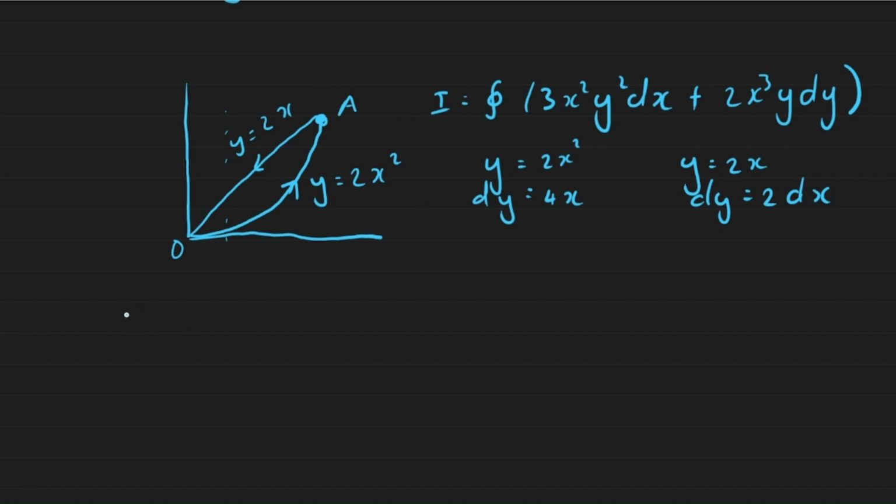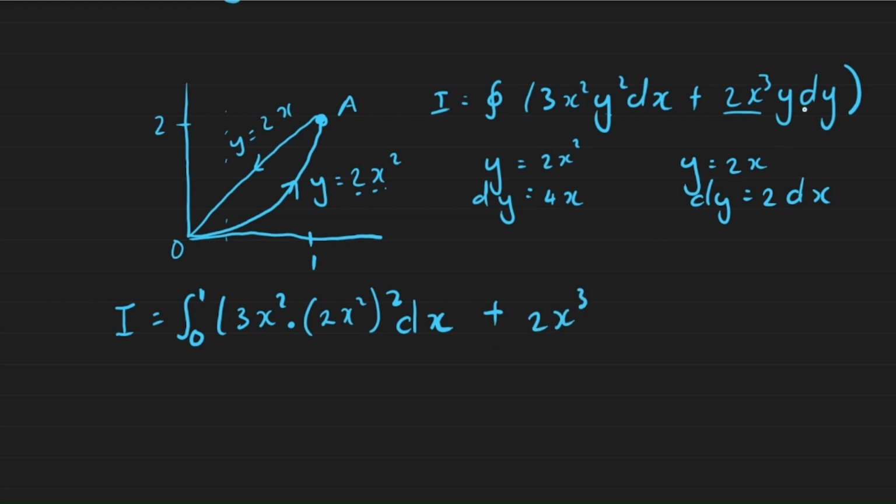So let's do that. So the line integral would be from initially, well, A is the point, let's just say 0 to 1. And of course, the y value is 2. So we'll integrate from 0 to 1 along the bottom curve. So that would be 3x squared times y squared, and y squared is 2x squared squared, times dx plus 2x cubed times y dy. y is 2x squared and dy is 4x dx.